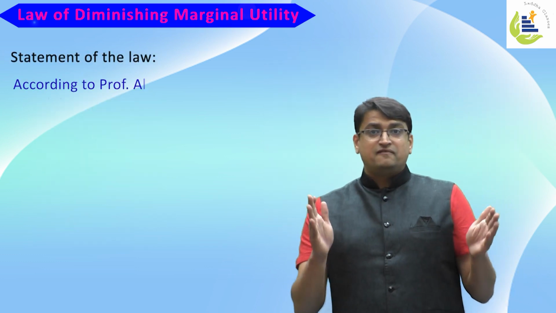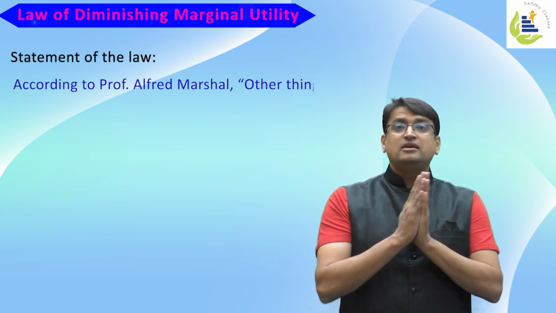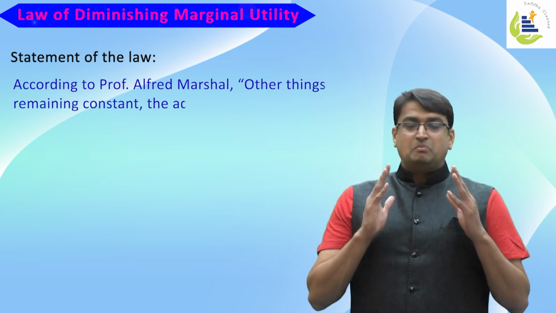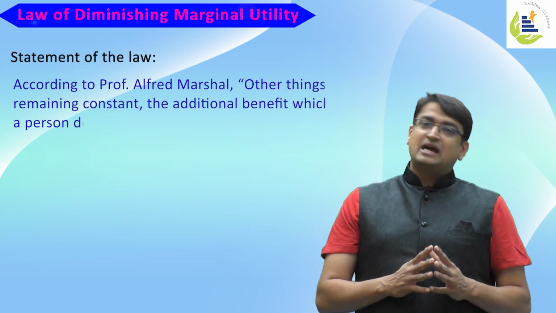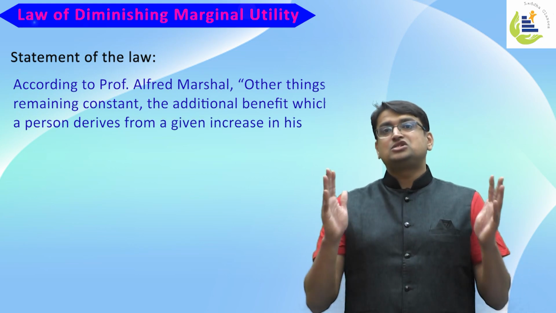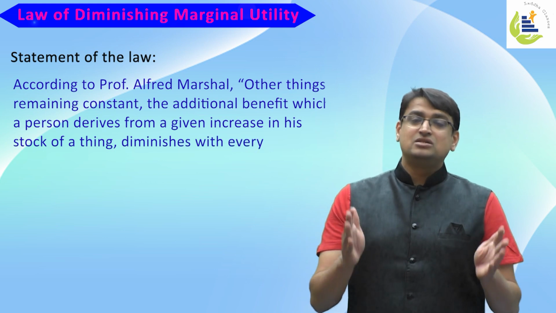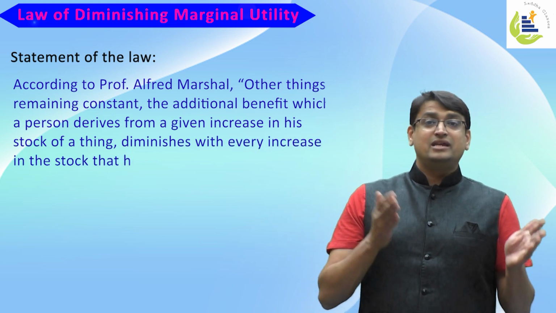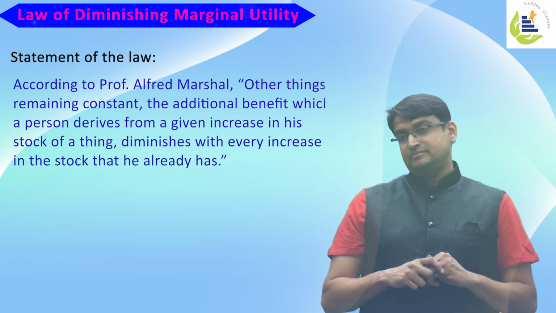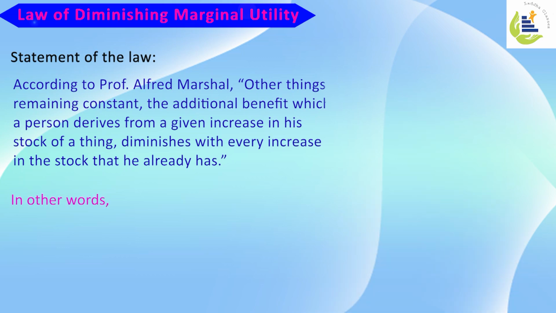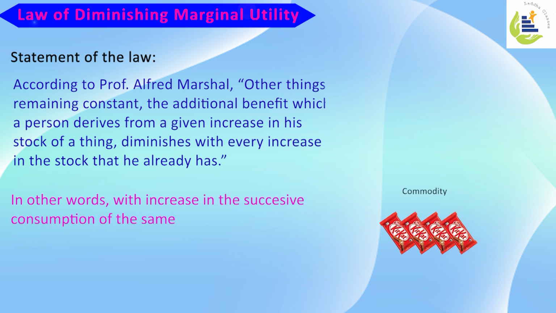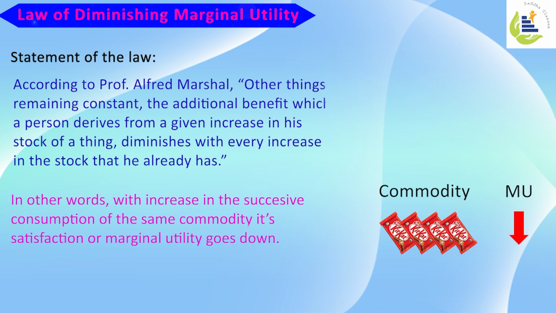According to Mr. Alfred Marshall, other things being constant, the benefit a person derives from an additional stock of a thing diminishes with an additional increase in the stock it already has. In simple words, the law states that with an increase in the repetitive successive consumption of the same commodity, its satisfaction or marginal utility goes down.